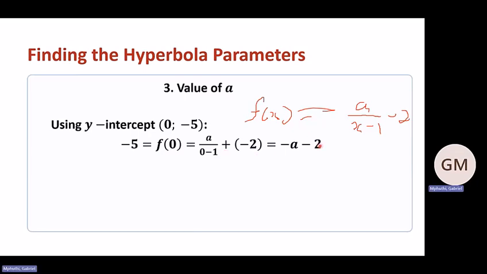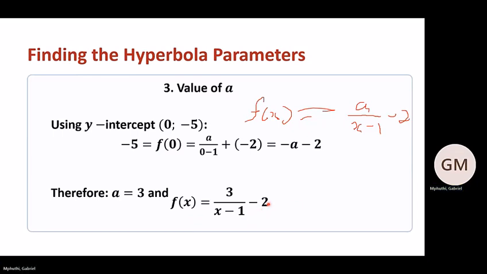Here we're going to get a divided by -1, so we'll have -a - 2, and then we solve for a. Therefore, we found our a equal to 3, and eventually our function f of x equals 3 divided by x - 1, minus 2.